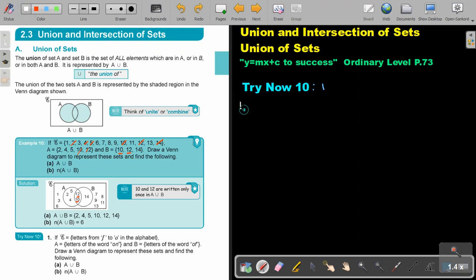Okay, let's start. The universal set is the letters from F to O in the alphabet, so I think it's best to first write it out.